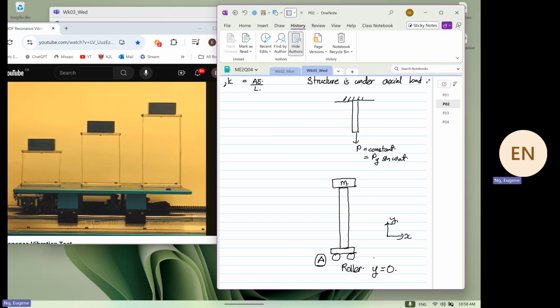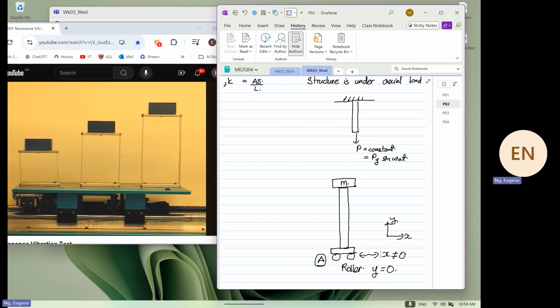And what will happen next is now the structure can move left and right. So for this case, X is not equal to 0.